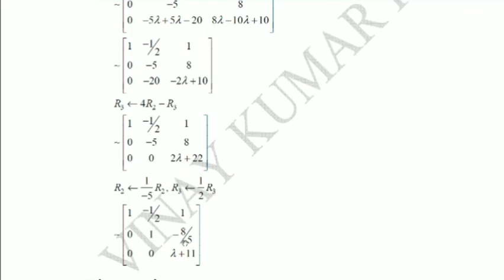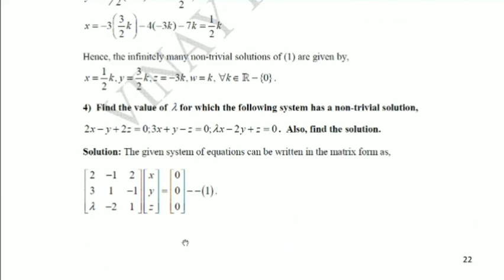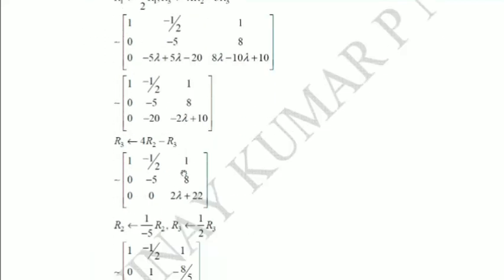Now remember, it is given that the given system of equations has a non-trivial solution. We know the system has a non-trivial solution provided the rank of the matrix is less than the number of unknowns. How many unknowns are there? 3 unknowns are there. Suppose lambda is equal to minus 11. Sorry, this should be lambda is equal to minus 11, not plus 11, because this is lambda plus 11.